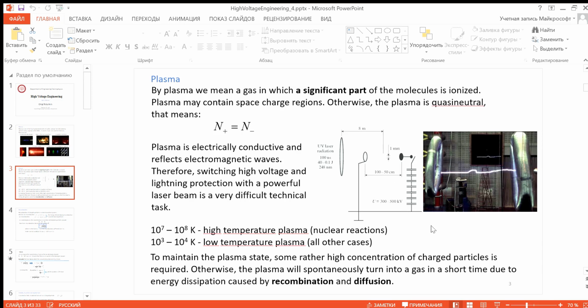This is a physical experiment done in a high voltage laboratory and a pretty record-breaking achievement because plasma reflects light.